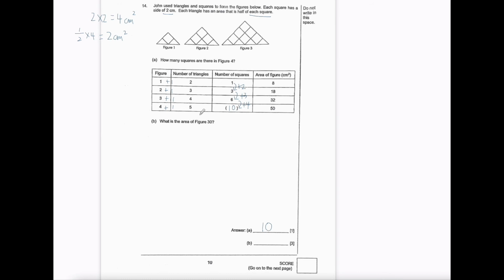Right, so the problem comes now. What is the area of figure 30? There's no other way other than to keep adding until you're at figure 30. Realize figure 4 is 1 plus 2 plus 3 plus 4. I'm going to write it here.